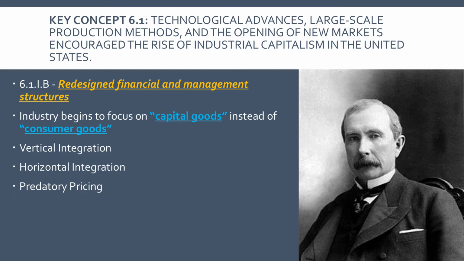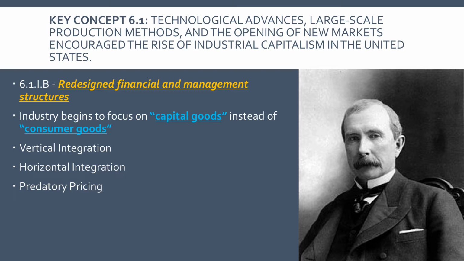And redesigned financial structures. Vertical integration, for instance, Carnegie helped to establish this along with other individuals. They'll control every phase of a business from the raw material to the transportation to the manufacturing to the distribution of the product. That is vertical integration. You control everything.